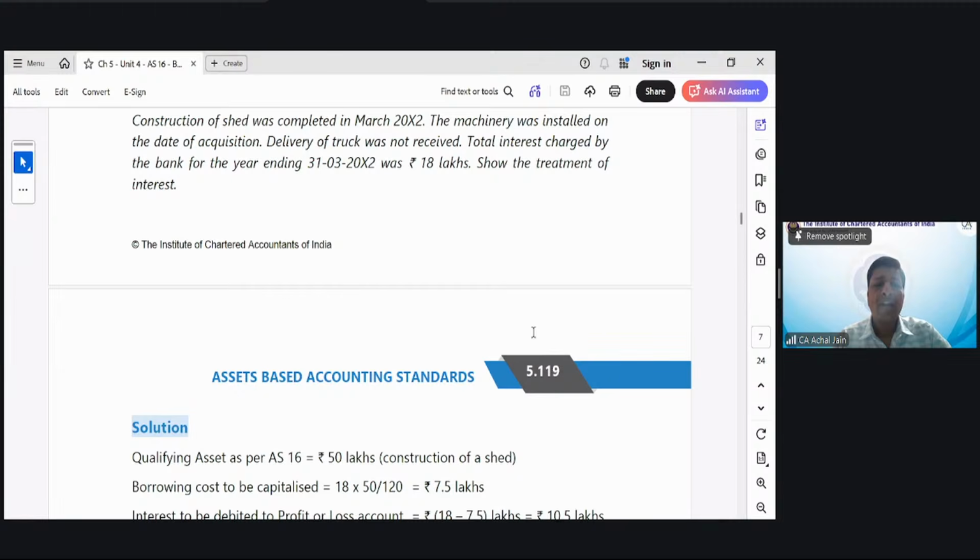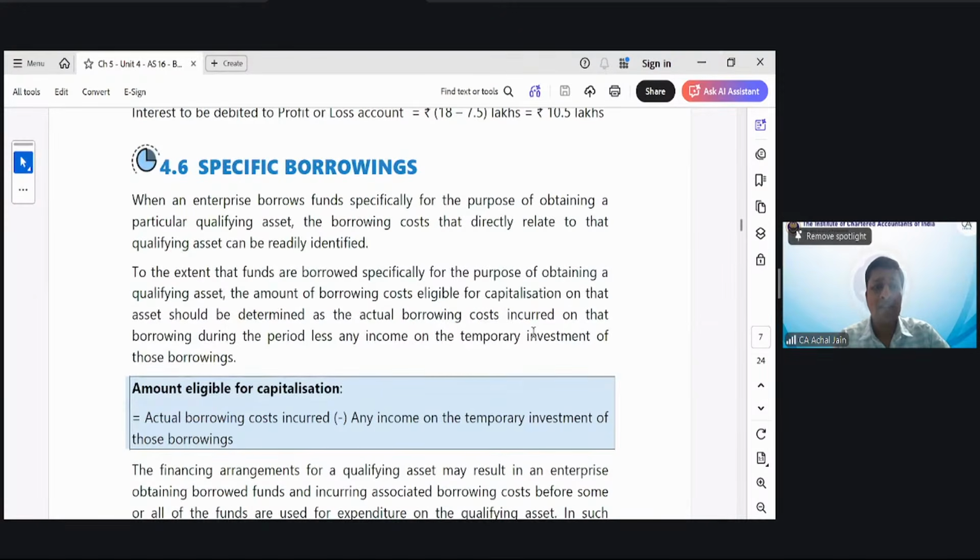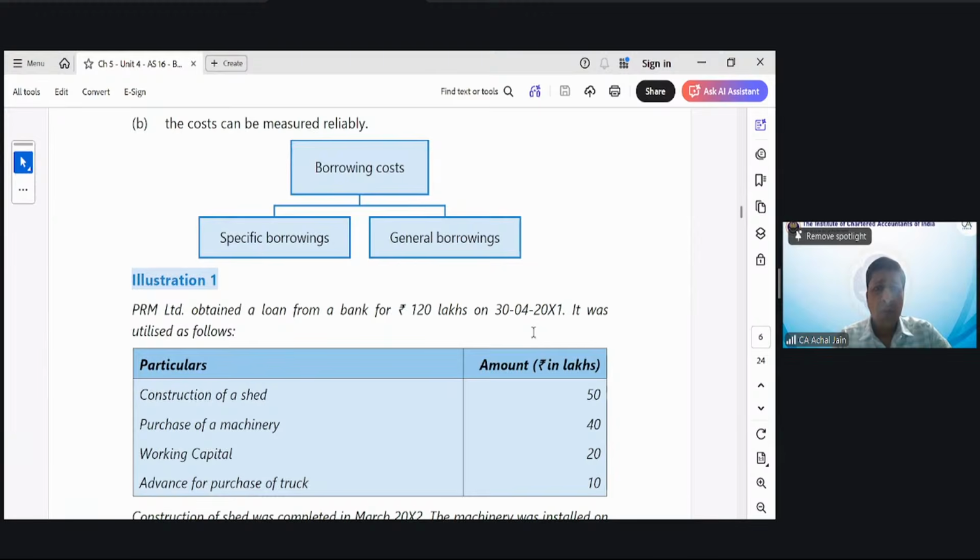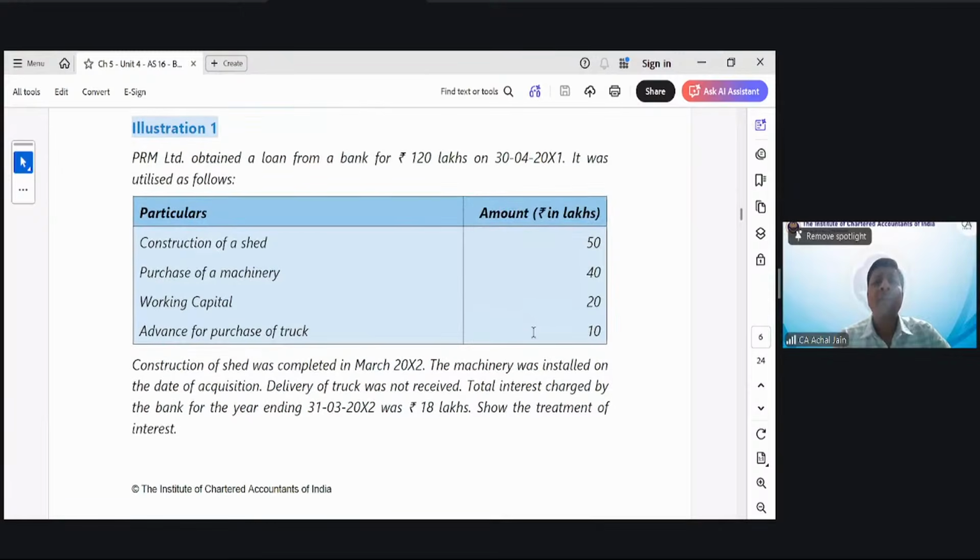And when it comes to the borrowing cost which is required to be capitalized, you may have a situation wherein those costs are required to be capitalized for a period of time. So when do you start that? When do you end that? If there's any gap, what do you do? Some of these examples are again important because that's how you will be deciding the capitalization. So see, in this particular topic, what is going to be the focus area?